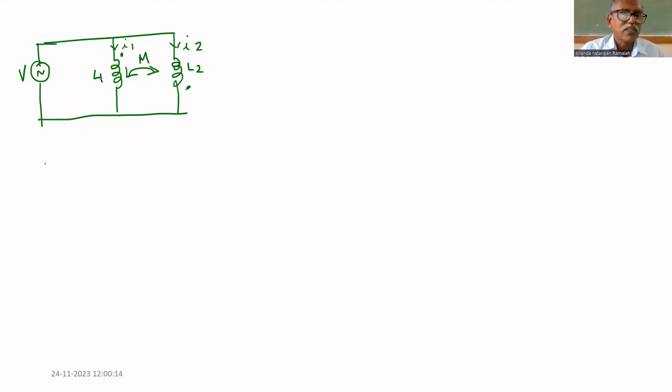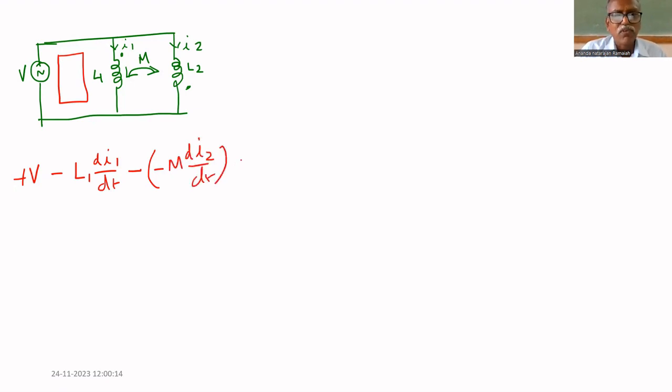That's why, for the first equation, if you write for this loop, you will get V minus L1 di1 by dt minus, but here current is entering the dot, here leaving the dot, that's why another minus M di2 by dt equal to 0.